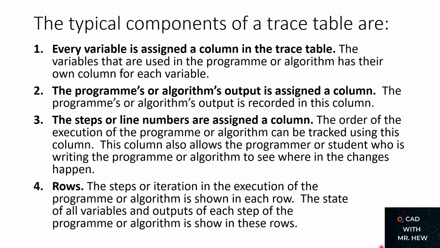Rows. The steps or iteration in the execution of the program or algorithm is shown in each row. The state of the variables and outputs of each step of the program or algorithm is shown in these rows.